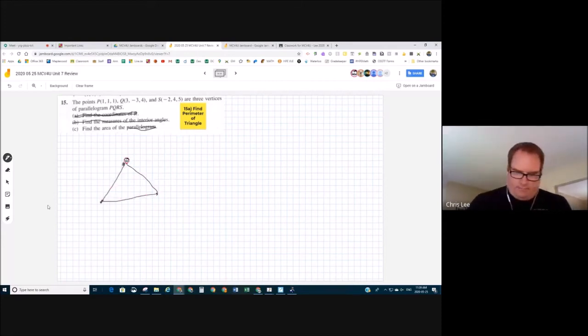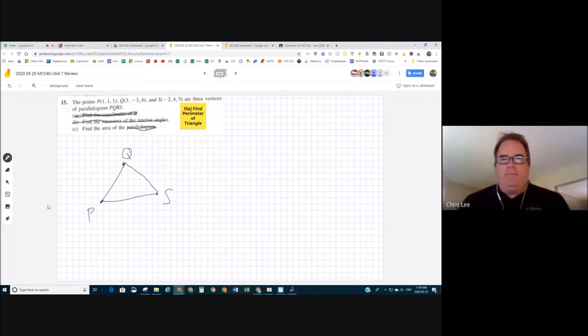And I'm just going to call them P, Q, and S. There's nothing special about the way I've set this picture up. I could have put the P here or here or whatever. Normally you would use sequential letters, so P, Q, and R, but this question has the R missing. So we're just going to go with P, Q, and S.